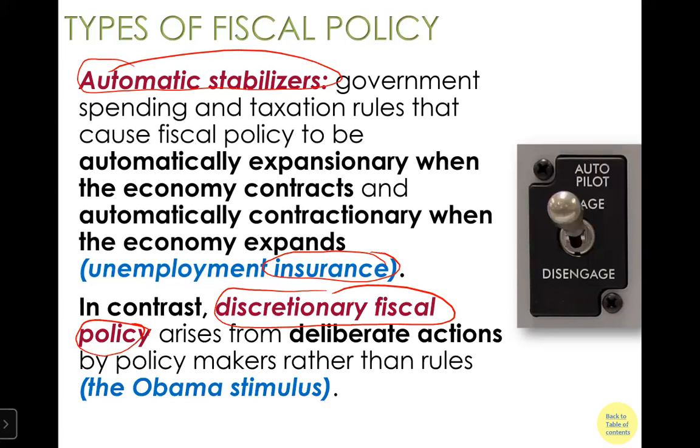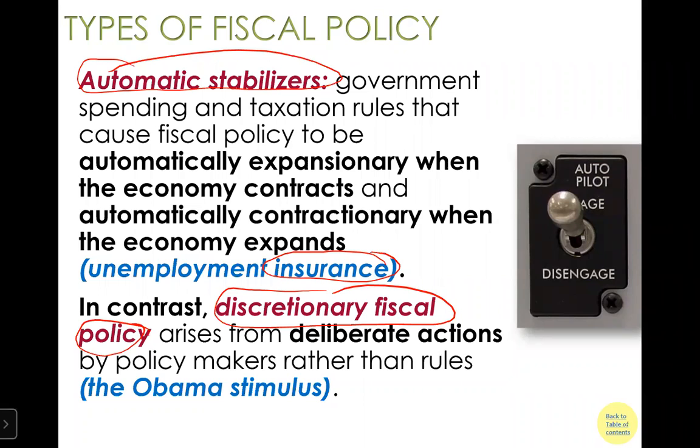Okay, but now let's see how that is going to affect the economy. So when we are in a recession, that means we are going to experience high unemployment, right? So that just means there are more people qualified for unemployment insurance. And if there are more people qualified, then automatically the government is going to provide more help to the economy.